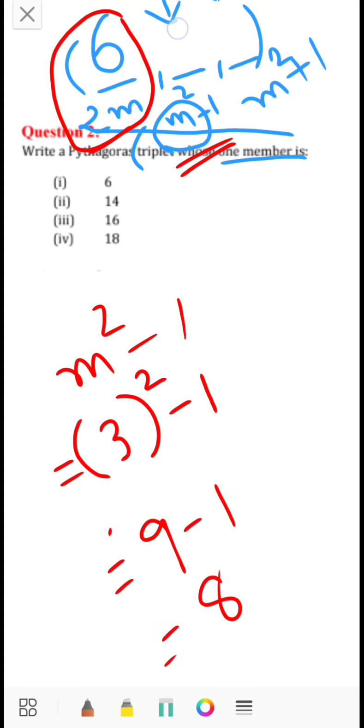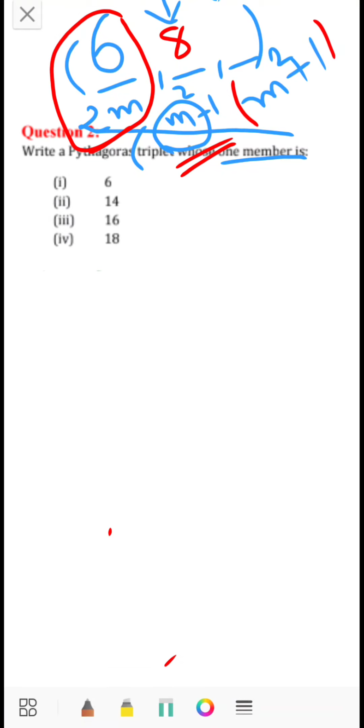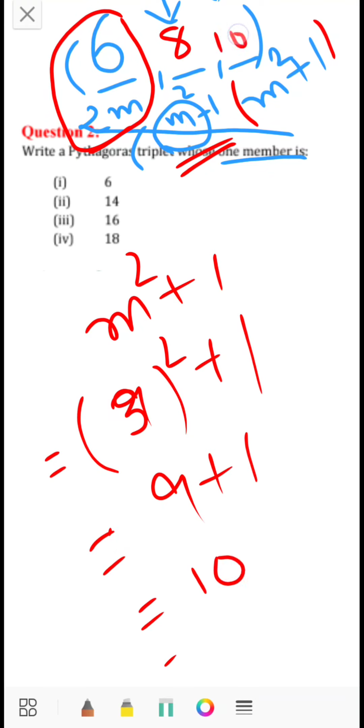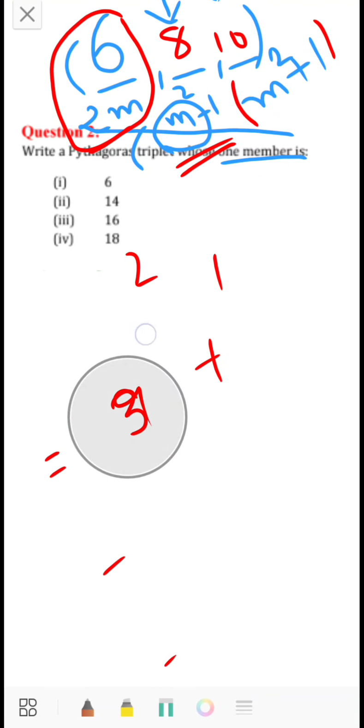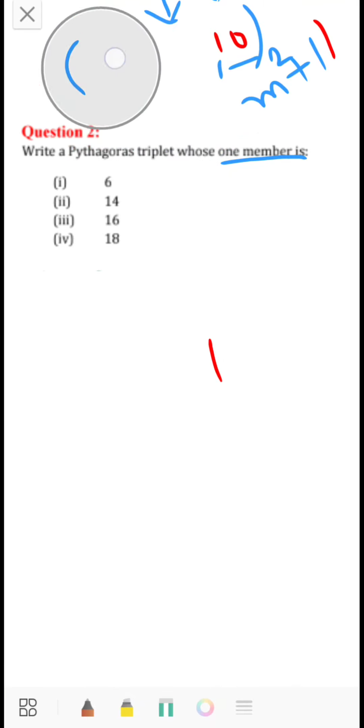So the correct answer for the next member is 8. Similarly, you will put the value of m in the formula m square plus 1. So 3 square plus 1, hence 9 plus 1, and it is 10. So the third member is 10. Okay, this is how you have to solve.